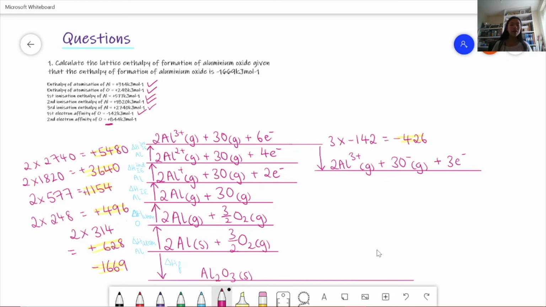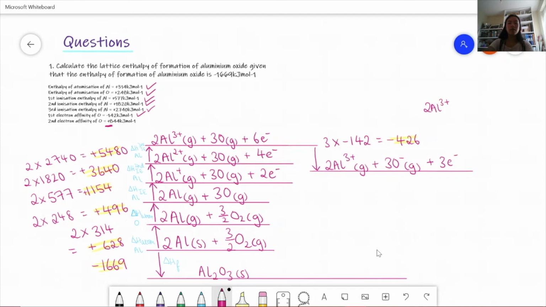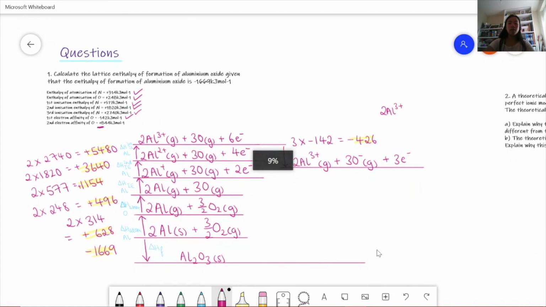So we'll have the aluminiums which stay as they are. Just going to zoom out. So we have the aluminiums which stay as they are, and then we'll have 3 O2 minus, which are gases, and that's used up all the other electrons. So we have no other electrons left because we've given 1 electron to each of the O minus gaseous ions.